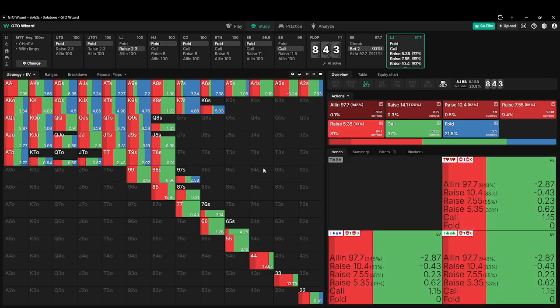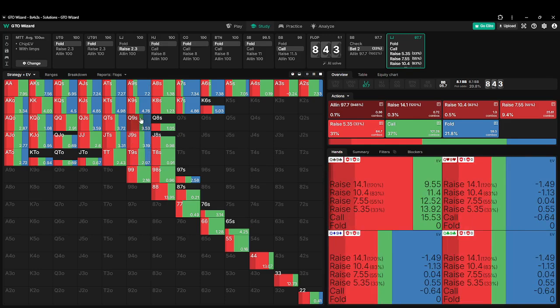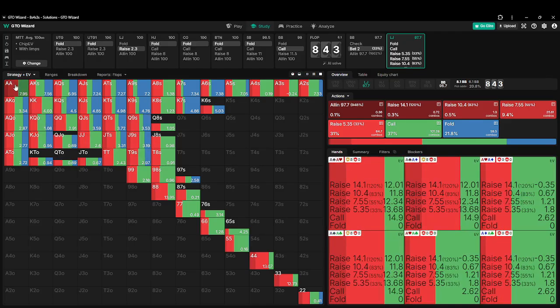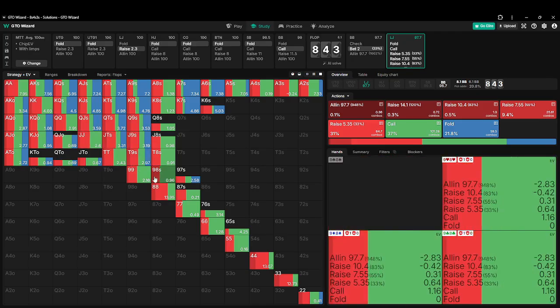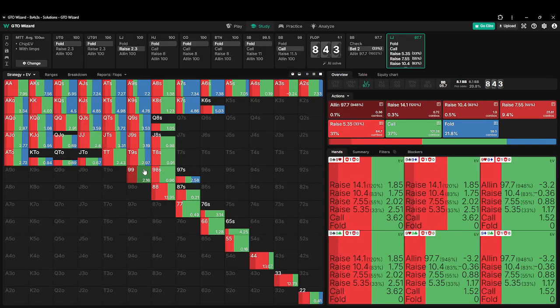But basically, if you look at where the raises are, it's going to be a lot of these overcard type hands, like the ten-nine suited, jack-nine suited, queen-nine, which to be fair do also have the backdoor straight. But you're also seeing the raise coming from a decent chunk of the overpairs as well. To be fair, they're mixing between it.